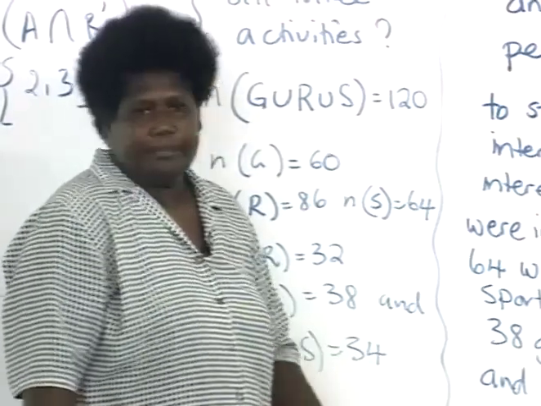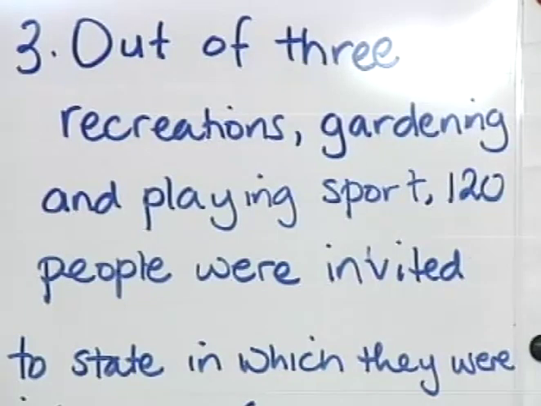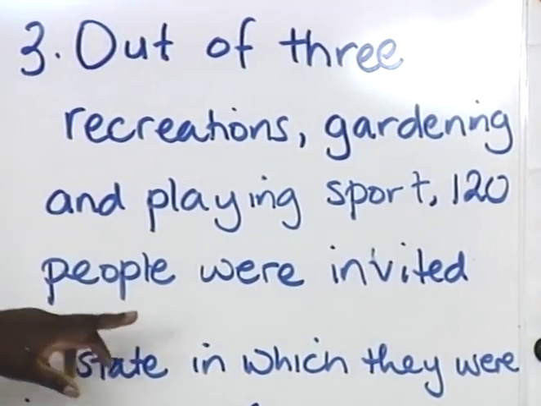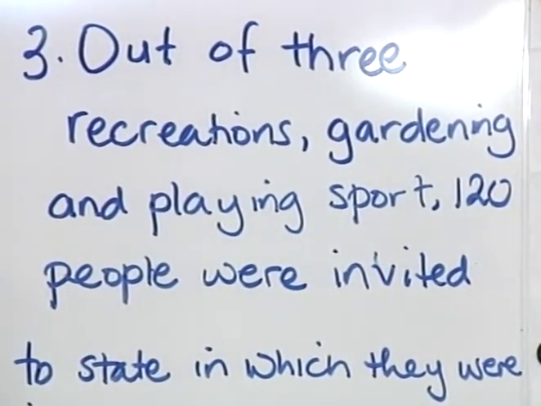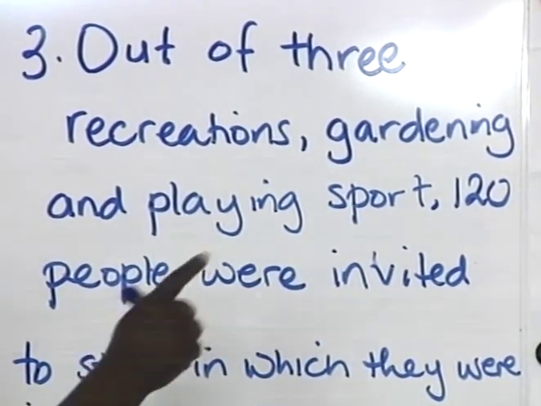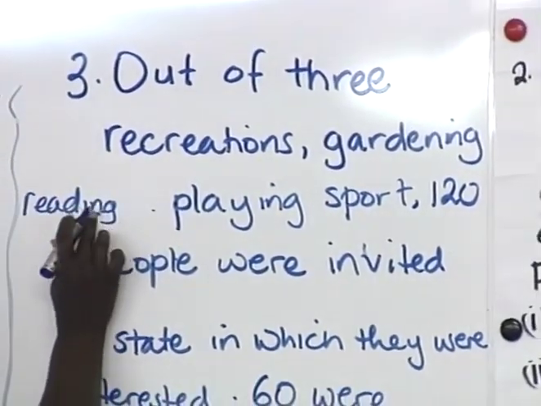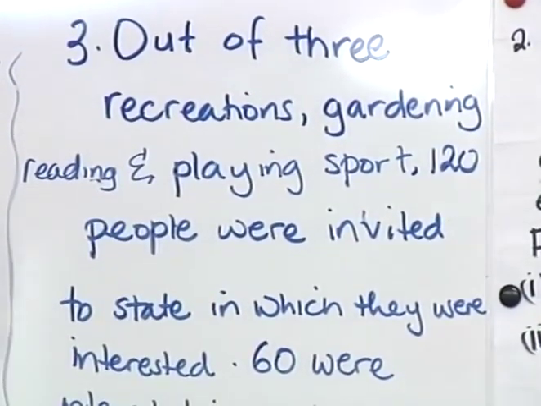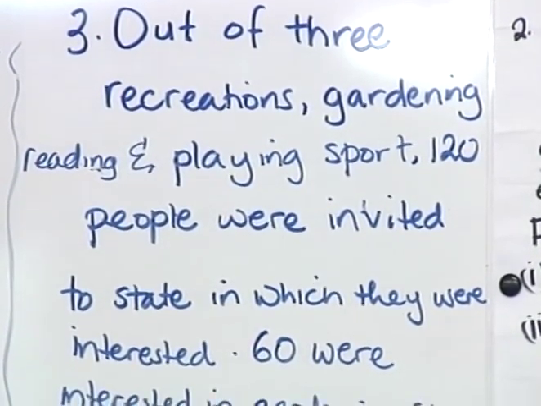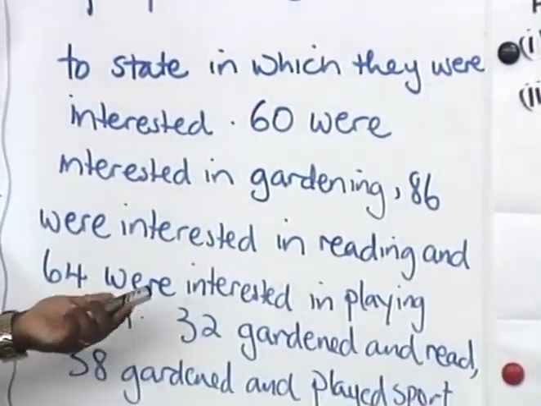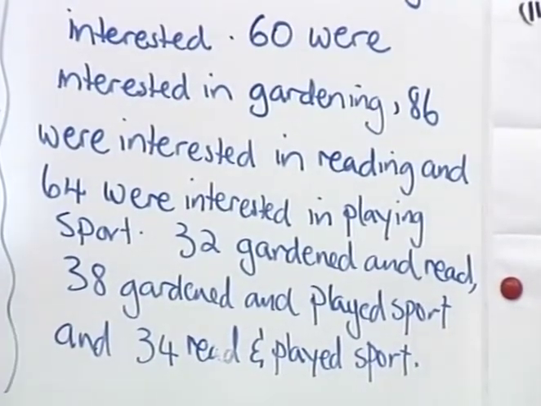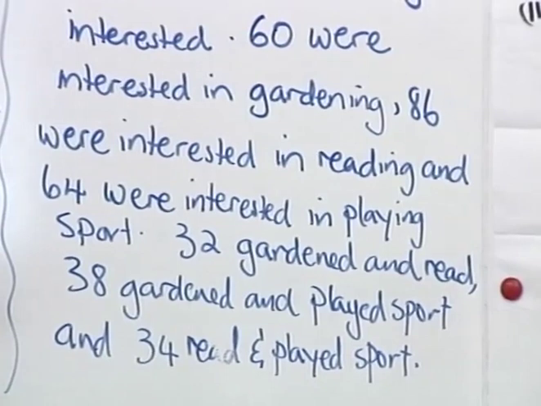Let's see if we can do this together. Out of 3 recreations, gardening, reading, and playing sport, 120 people were invited to state in which they were interested. 60 were interested in gardening, 86 were interested in reading, and 64 were interested in playing sport. 32 gardened and read, 38 gardened and played sport, and 34 read and played sport.